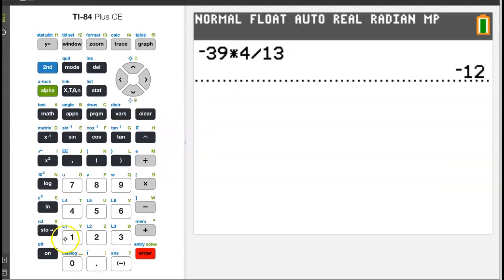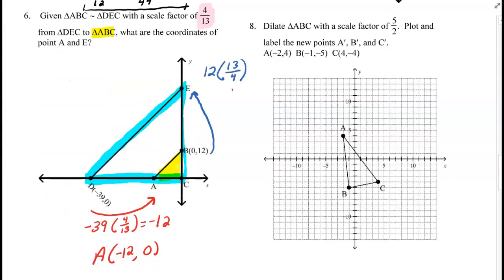And doing that on my calculator, 12 times 13 divided by 4, I get 39. So point E is 0, 39. And that's just a coincidence that those numbers are the same.